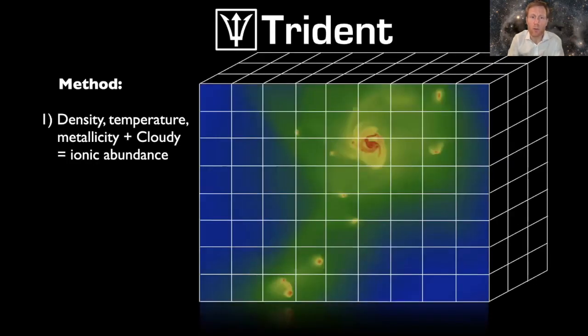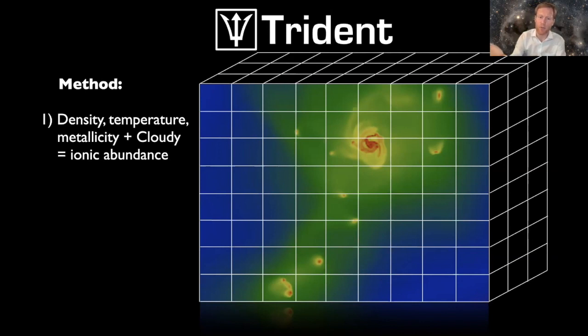So the two tools that Trident really brings to the fore here, I think, are the ability to post-process simulation data sets and paint on where the ions are. Because most of us aren't doing simulations that include the distribution of all of these different ions, neutral hydrogen or oxygen-6 or carbon-4. And so what Trident does is it can take the fields of density and temperature and metallicity.